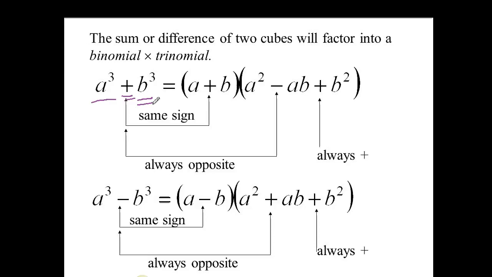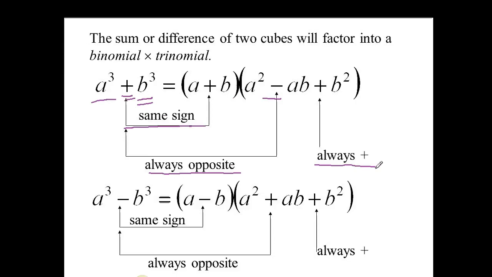If it's the sum of cubes, it will have the same sign at first in the first binomial. The next sign will always be opposite, and the last sign will always be positive.